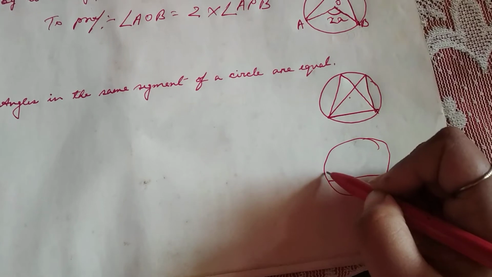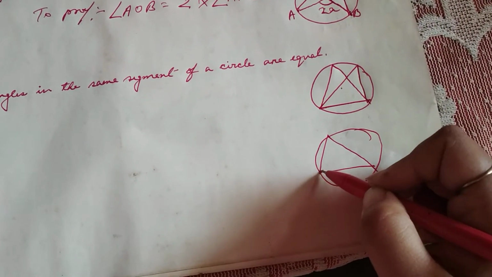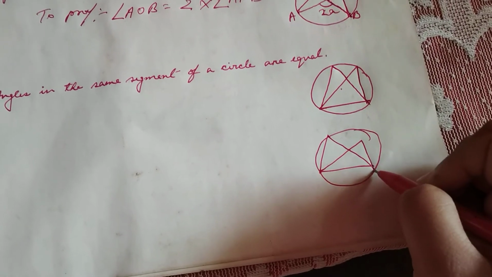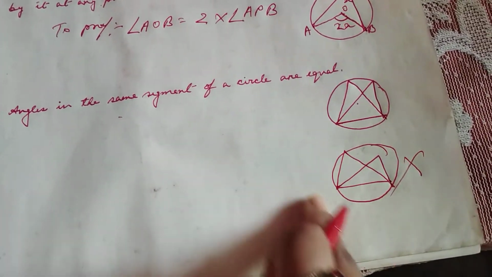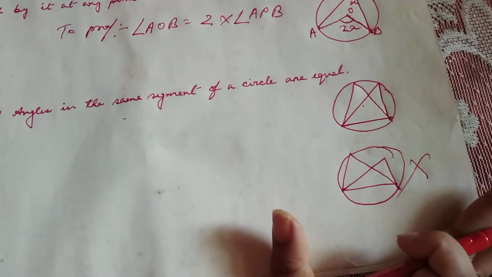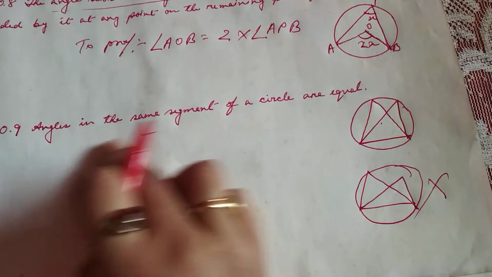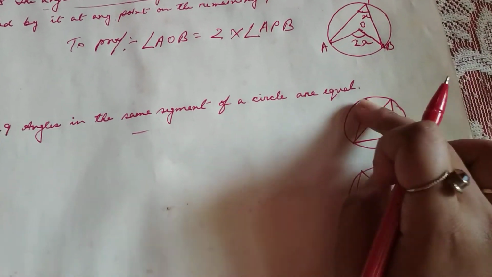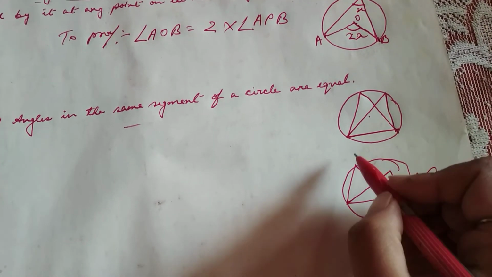Like if it is like this, and somewhere it is like this, the theorem is not valid for such kind of figure. Even though it doesn't look like a complete circle, excuse me for that. You can always apply this theorem for two points on the circumference making some angle with a common chord.